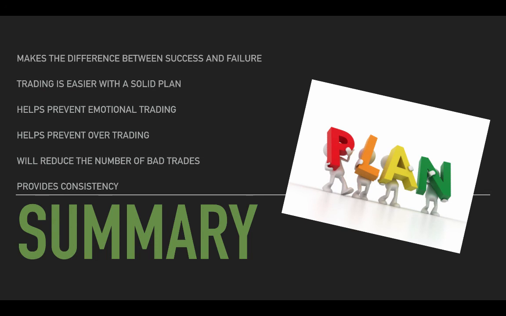And that's what it's all about. It's all about finding that consistency that we're operating within that gives our actual statistical advantage the opportunity to work for us, as opposed to just winging it and hoping for the best every time that we click the button to buy or sell.